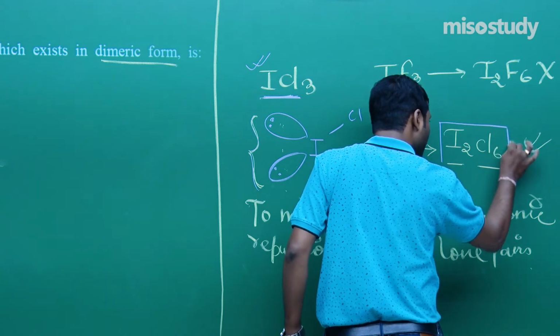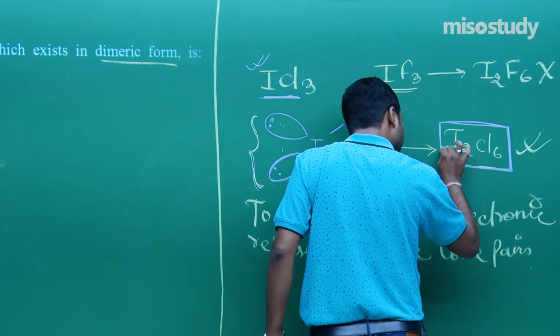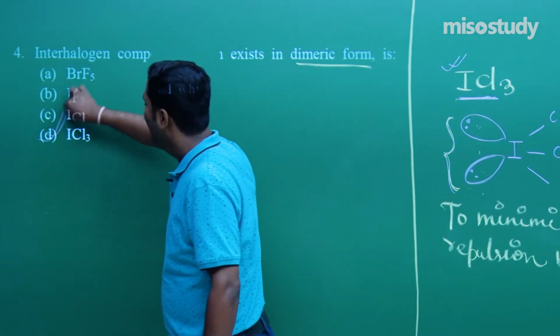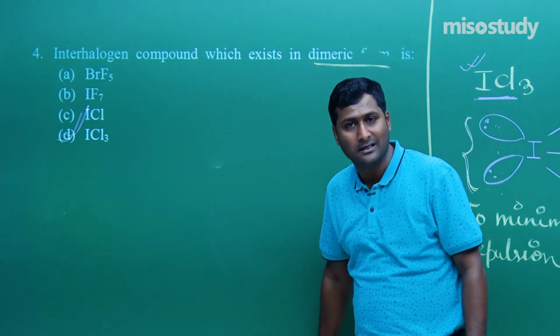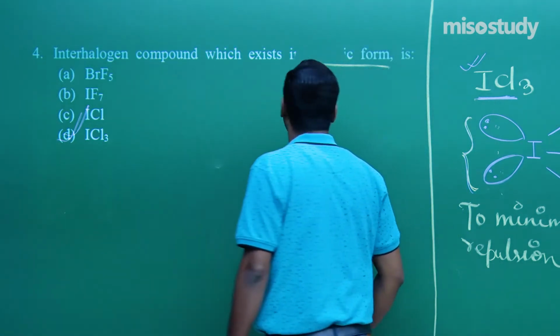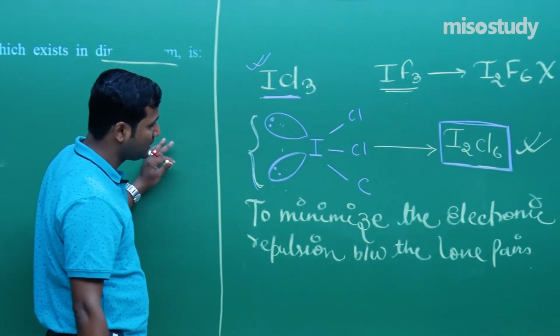So for this question, what is the correct option? The correct option is D, that is ICl3. Clear to you, friend? ICl3 exists as I2Cl6. Check out the option, check out what is given here.